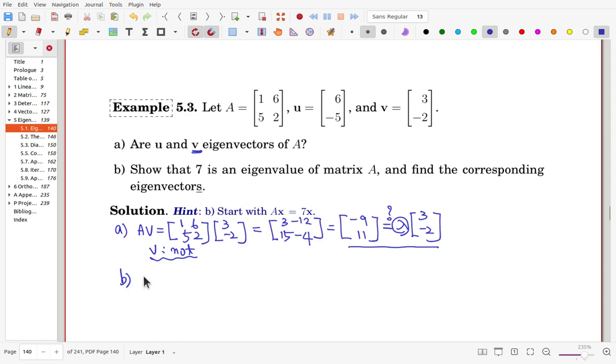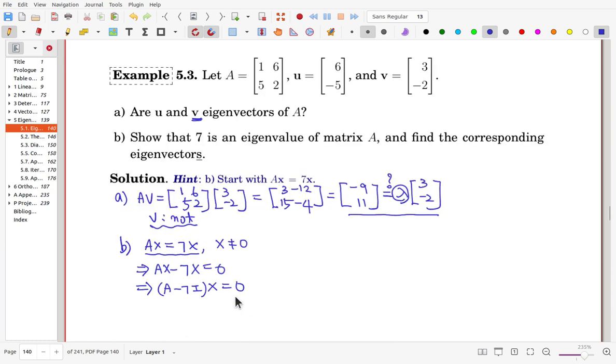Okay. If 7 is an eigenvalue of matrix A, then Ax must be 7x for some non-zero vector x, right? Now, that one can be written in this way: Ax minus 7x equals 0, and then here we have A minus 7I times x equals 0.